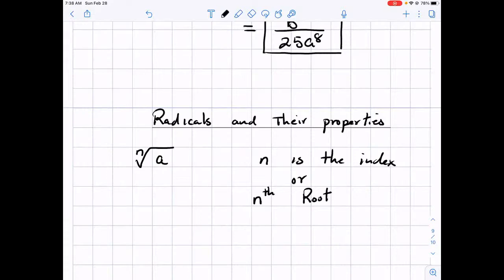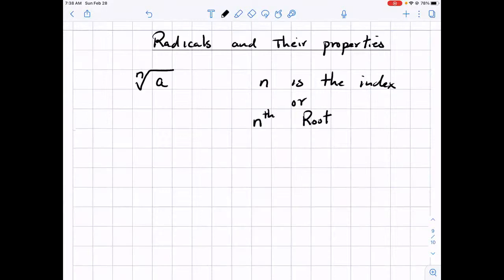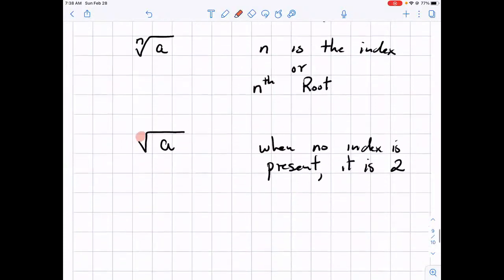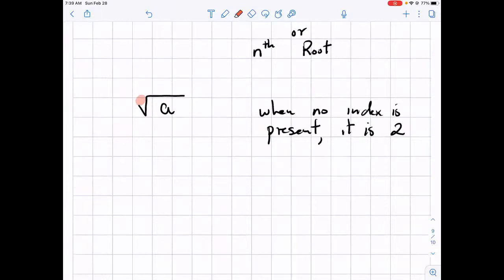So generally when we don't see a power, when no index is present, it is 2. Okay, so it means in here you have an index of 2.